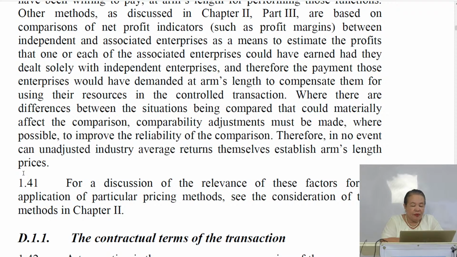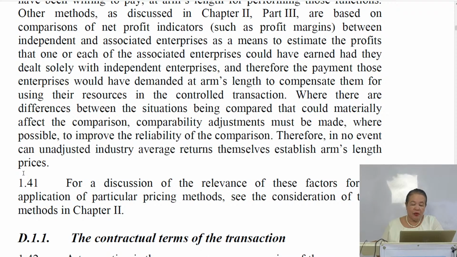Where there are differences between the situations being compared that could materially affect the comparison, a comparability adjustment must be made where possible to improve the reliability of the comparison. Because if the comparison cannot be improved, then you have to reject the comparable. They are not comparable. You cannot compare the two transactions.